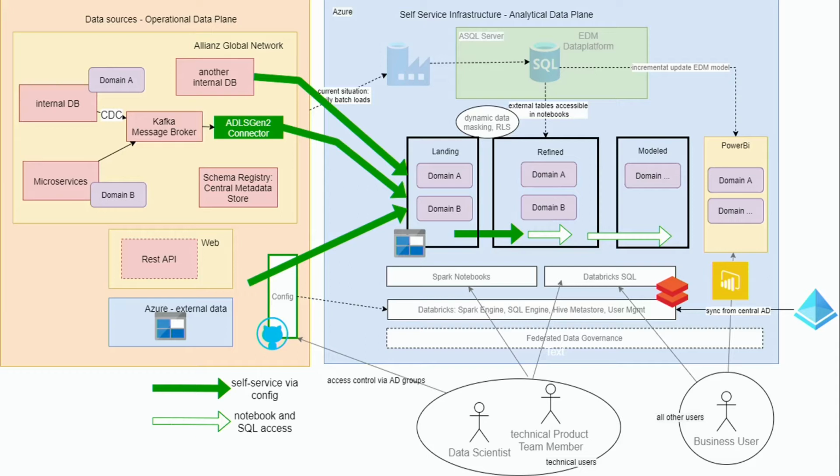Then on the right we have our data platform, our analytical data plane. The central thing that we have here on the left, on the operational data plane, are our microservices and some internal databases. In the middle sits a Kafka message broker that is serving as the messaging backbone that we have.